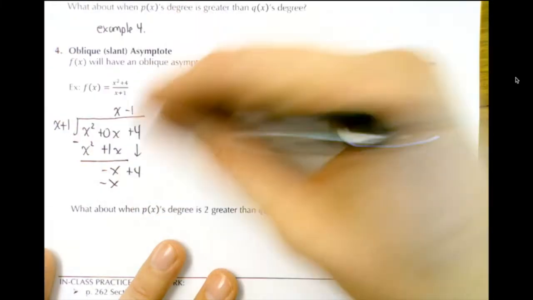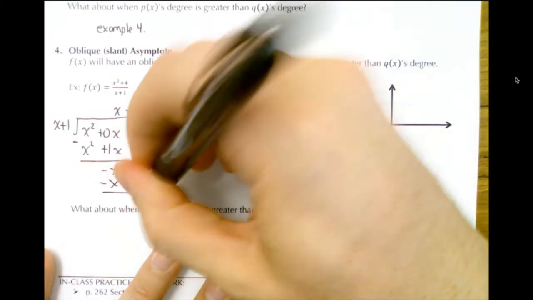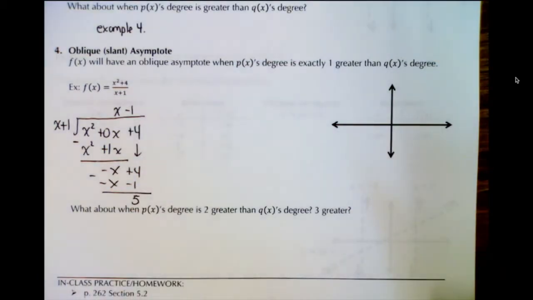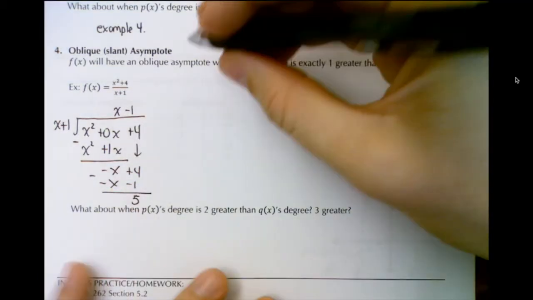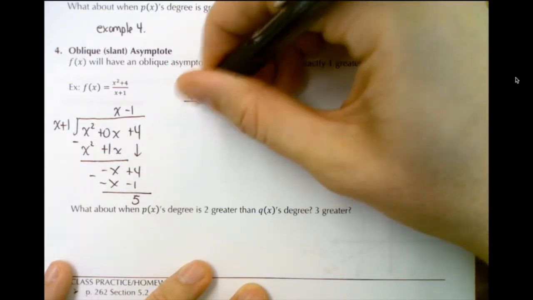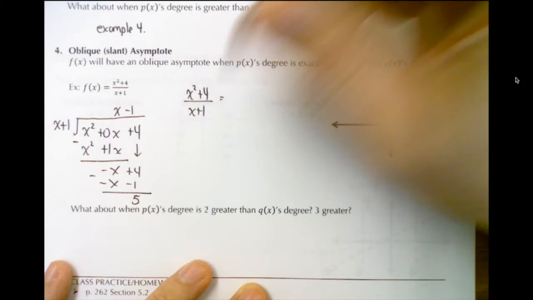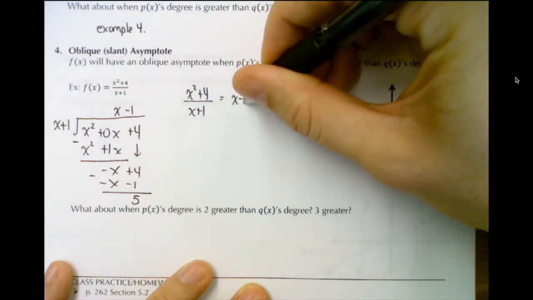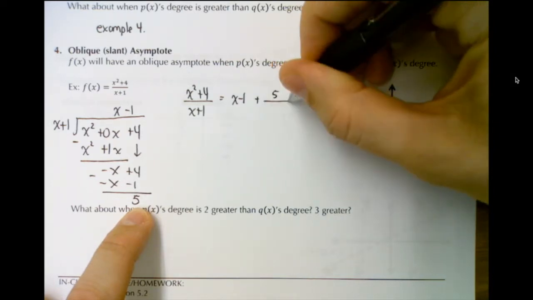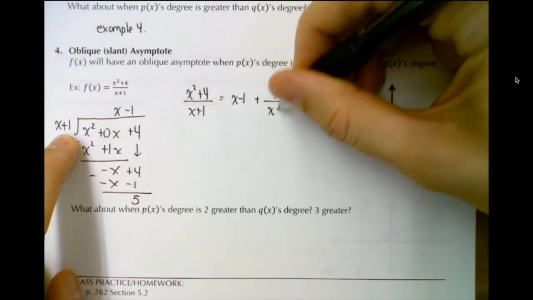Negative 1 times 1 is negative 1. Subtract down the columns, and we end up with 5. When we write our division statement, we would say when we divide x squared plus 4 by x plus 1, we get x minus 1 plus our remainder 5 over x plus 1.